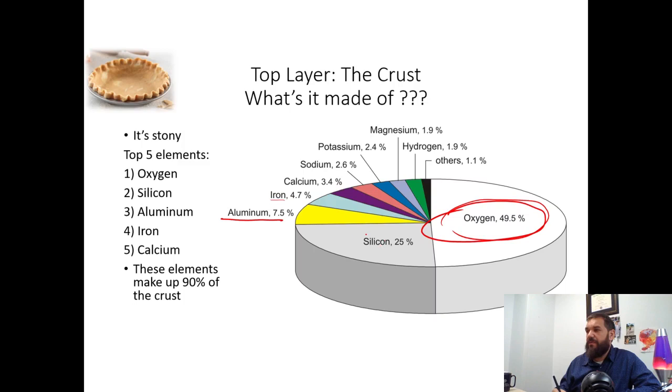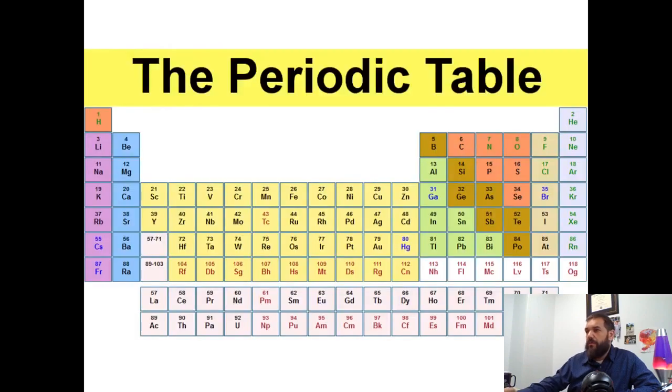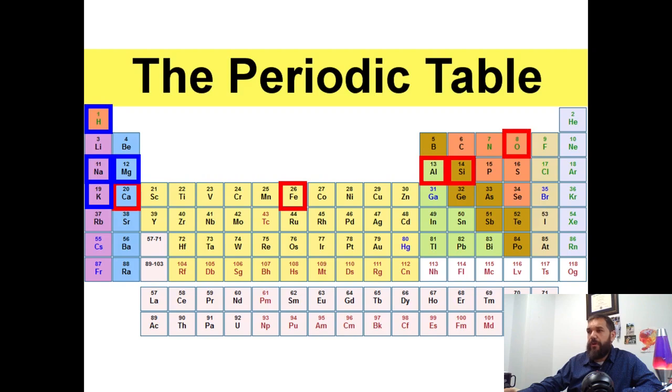Oxygen, then silicon makes an appearance at 25%, then aluminum and iron, those are the top 4. It's really kind of amazing, but 90% of the crust is just 5 elements: oxygen, aluminum, silicon, iron, calcium. You throw in another 4, hydrogen, sodium, magnesium, potassium, and you have basically 99% of the crust.